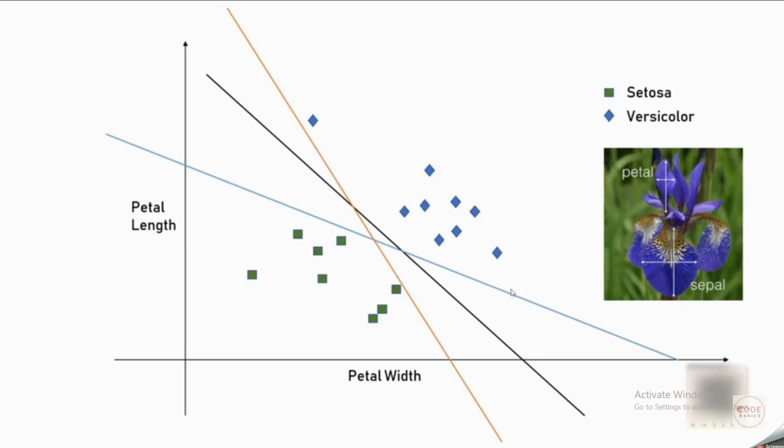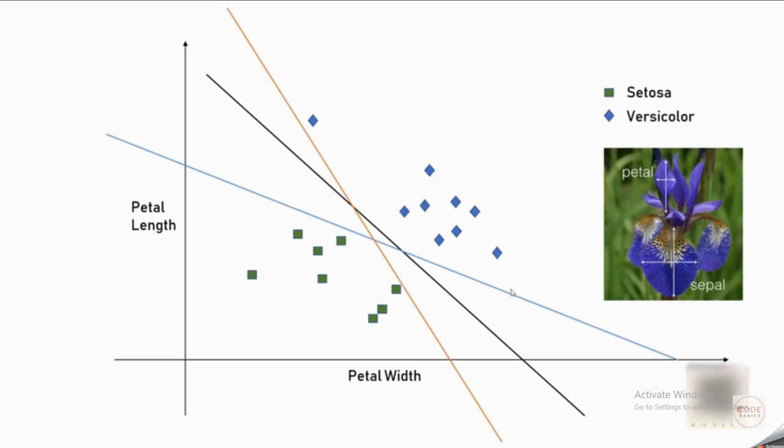Now, to apply support vector machine on this particular data set, you can see three different lines. We will try to find out which is the best possible decision boundary that can classify these two data points. So if you see over here, the red line and the blue line, they are not spaced evenly on either side.